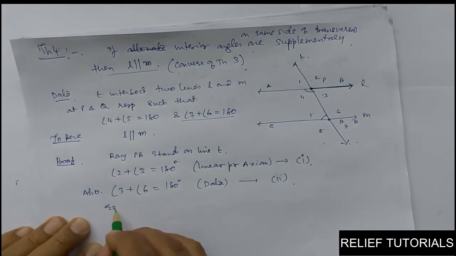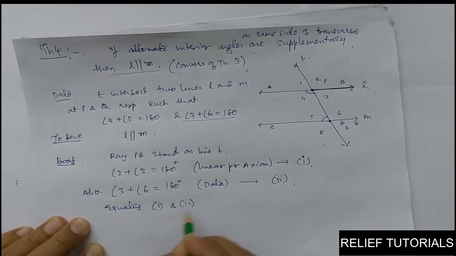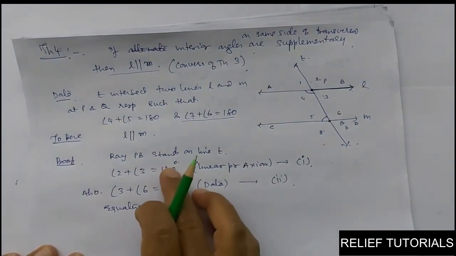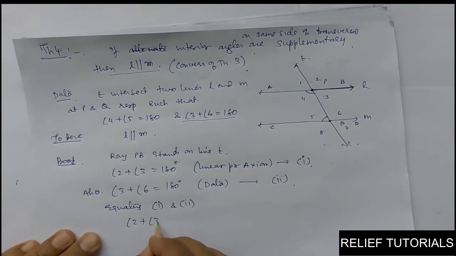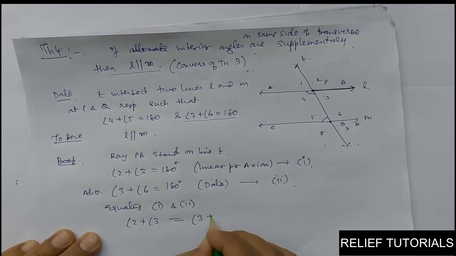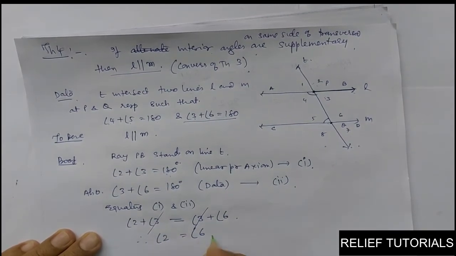Now equating 1 and 2. This is 180, this is also 180. So I can write angle 2 plus angle 3 is equal to angle 3 plus angle 6. Now this 3 will get cancelled. Therefore angle 2 is equal to angle 6.